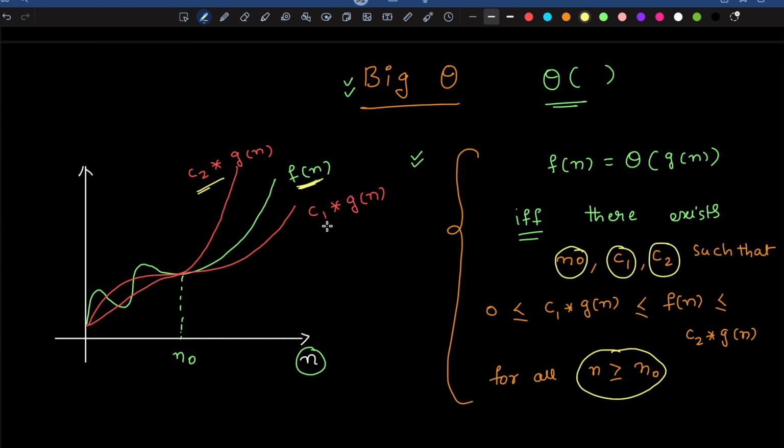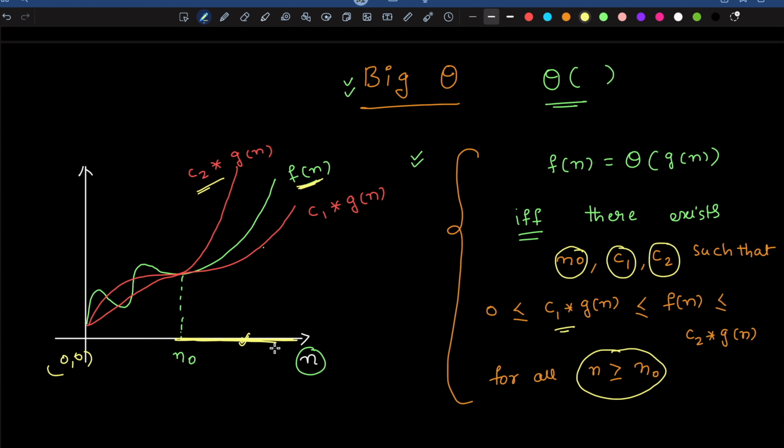Also, c1 into g of n is always greater than or equal to 0. So this is my 0, and for any value of n greater than or equal to n0, this function is always greater than or equal to 0.